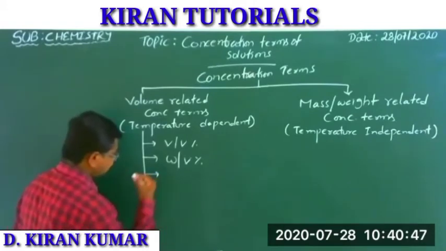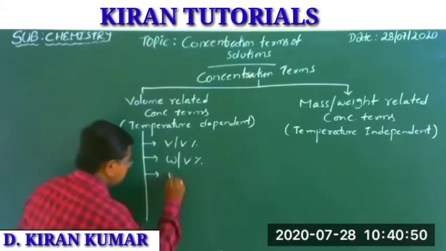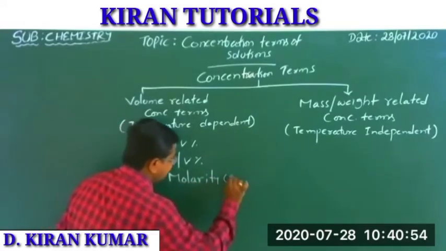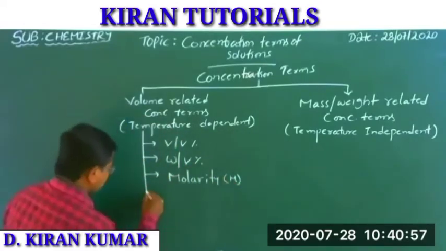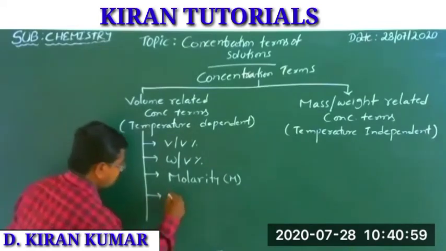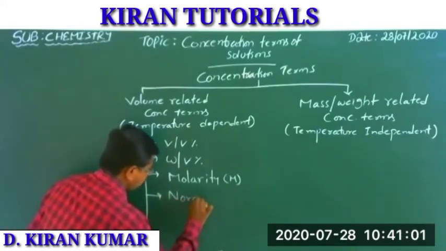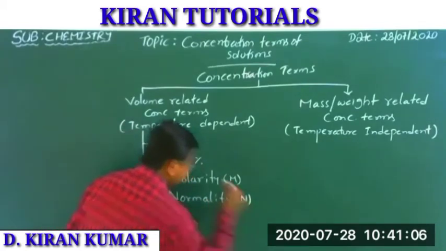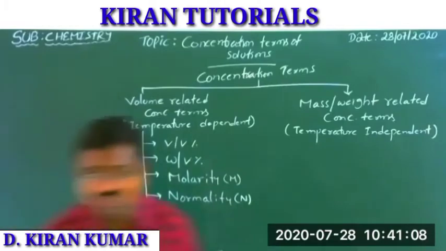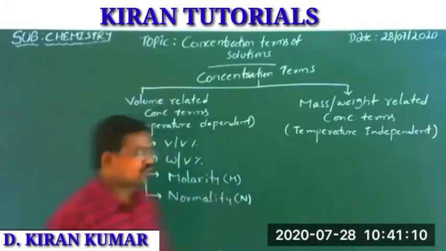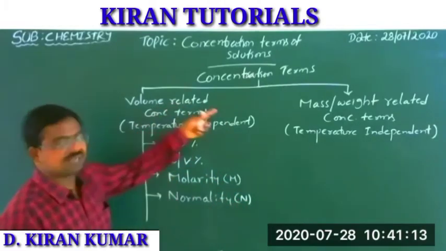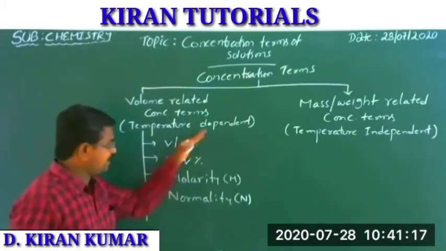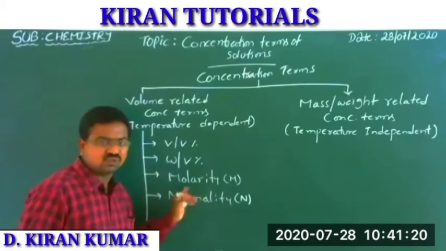The third one, molarity, denoted by capital M. And the fourth one, normality, denoted by capital N. So these are the four terms belonging to volume related, and these are temperature dependent. If the temperature is changed, the molarity changes.